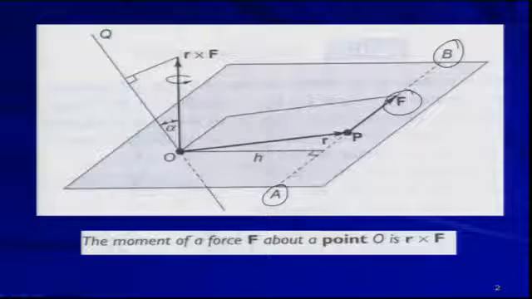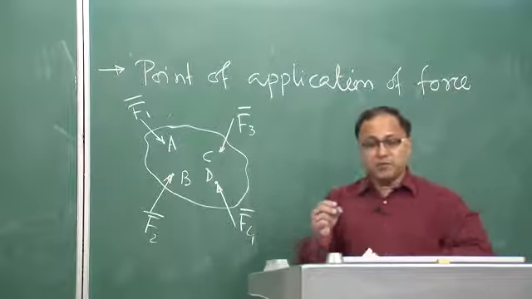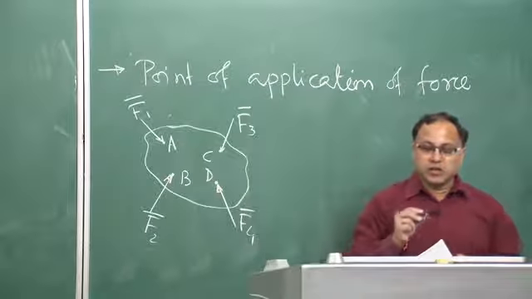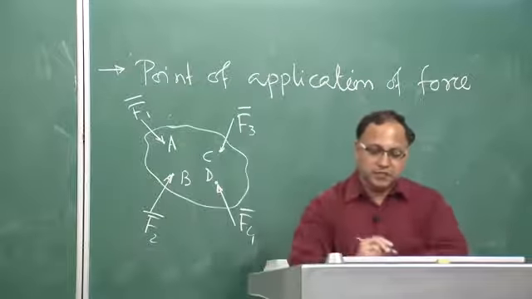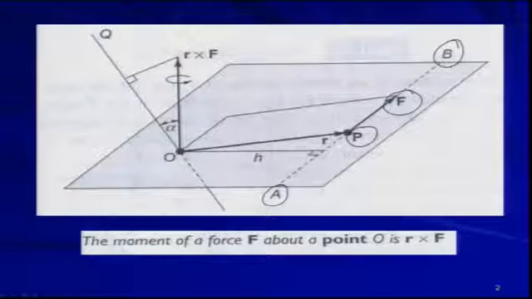This is the line of action. Along that line of action this F is acting, and the point of application of this force is P. As we just saw on the board, the point of application is very, very important. So the line of action is very important, and at the same time the point of application of the load is also important. So this force F is acting at point P, along the line of action AB.